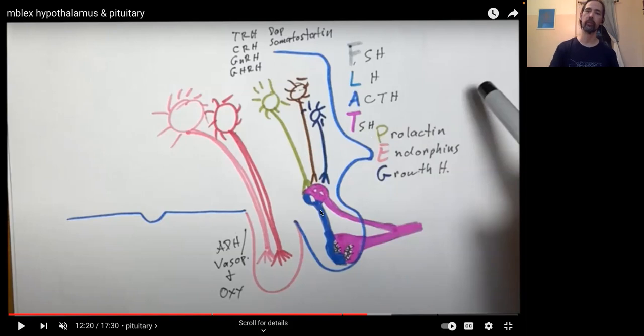Thyroid stimulating hormone goes from the pituitary into the bloodstream, binds to the thyroid, and causes the thyroid to manufacture and release more thyroid hormone. Thyroid stimulating hormone comes from the anterior pituitary.